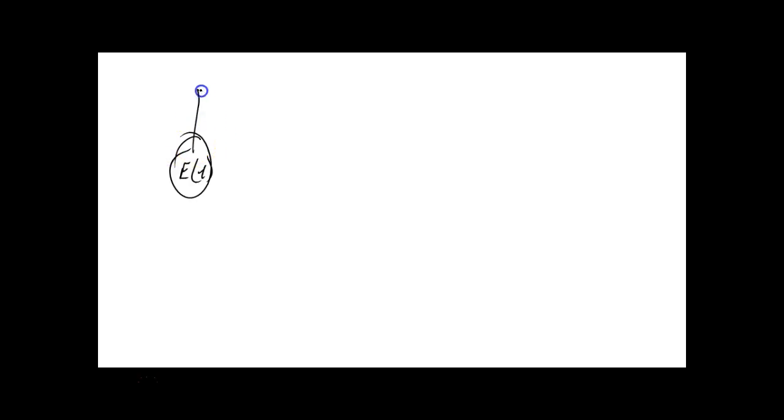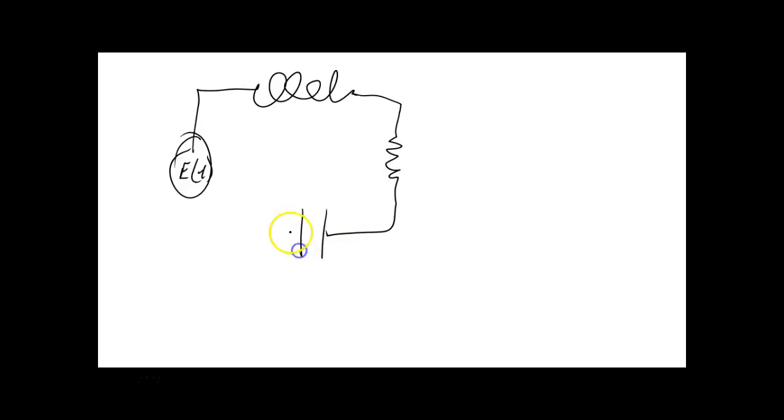Here's E of t, and it goes first through an inductor, then through a resistor, and then through a capacitor. This is an inductor, which is L, resistor, which is R, and a capacitor, which is C. This is called an LRC circuit. It doesn't matter which order you have them in there. That's not where the name comes from. You just usually call it that.